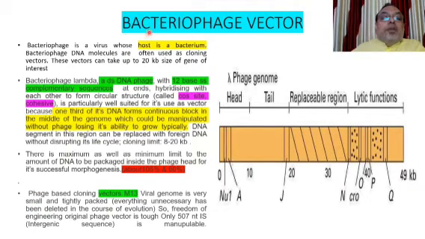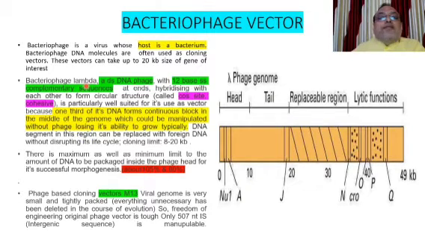Now, we were dealing with plasmids as vectors, and we are now dealing with bacteriophages as vectors. And here you have the lambda bacteriophage. There is one characteristic about the lambda bacteriophage, that it undertakes both types of life cycle, that is, the lytic life cycle as well as the lysogenic life cycle, which is also called temperate infection.